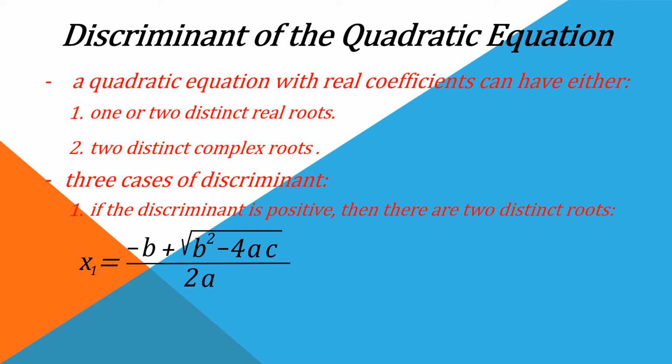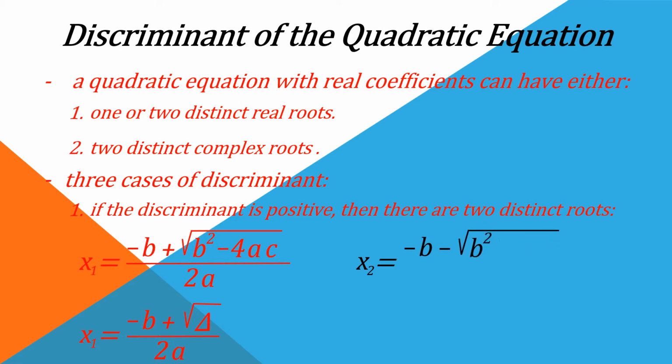Since the discriminant of the quadratic equation is represented by delta or D, therefore x sub 1 is equal to negative b plus the square root of delta over 2a, and x sub 2 is equal to negative b minus the square root of b squared minus 4ac all over 2a.